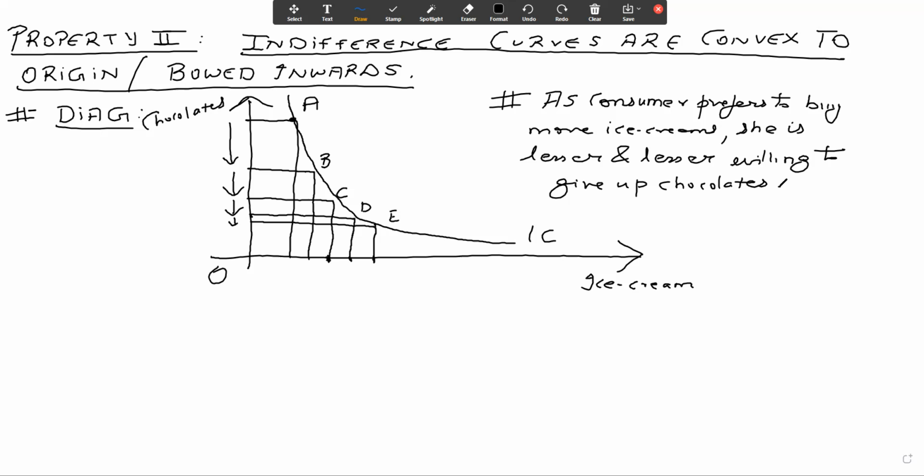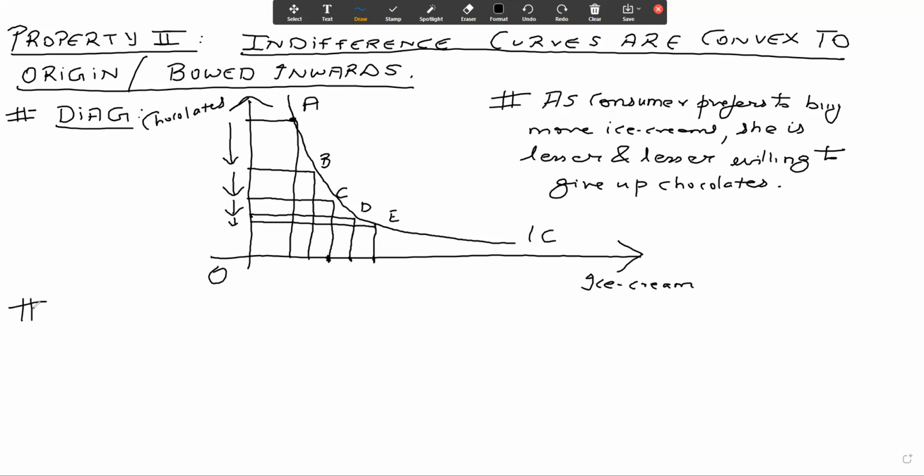Now guys, this was logic, but as students of economics, you should be able to argue it out mathematically also. Mathematically, why is the indifference curve convex to the origin?